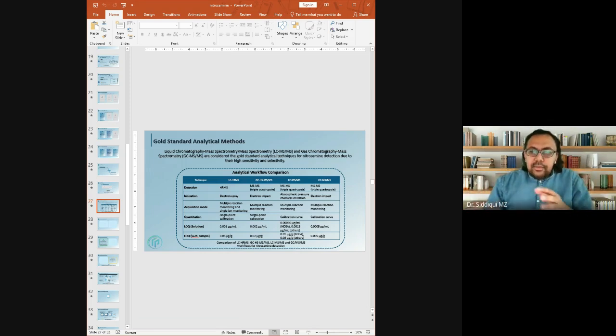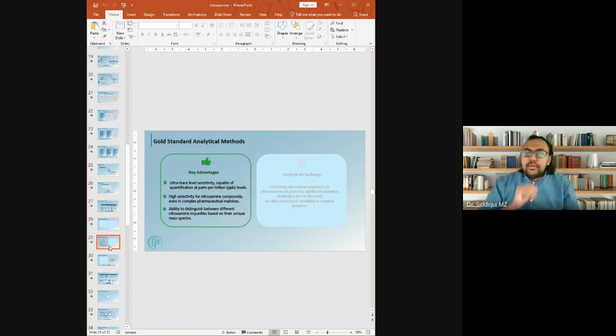Method selection should be based on the specific requirements. The matrix complexity, expected nitrosamine levels, and regulatory guidelines must all be covered.